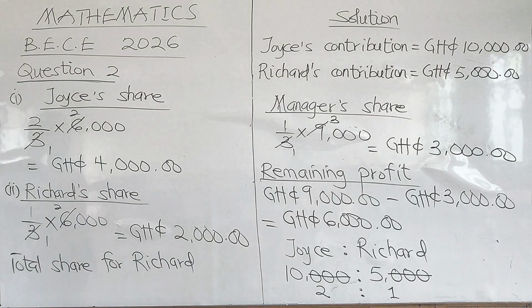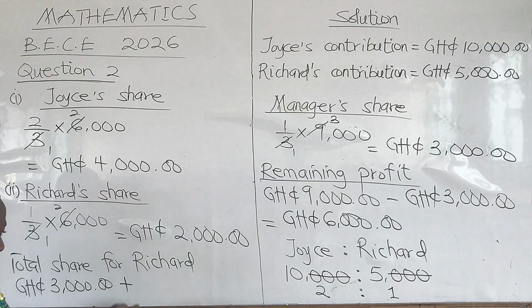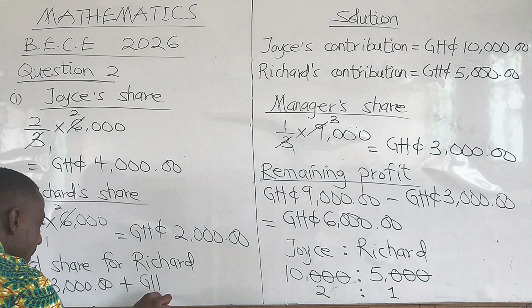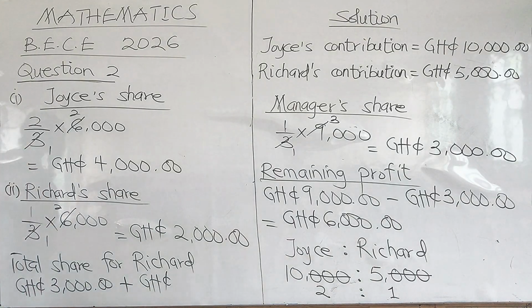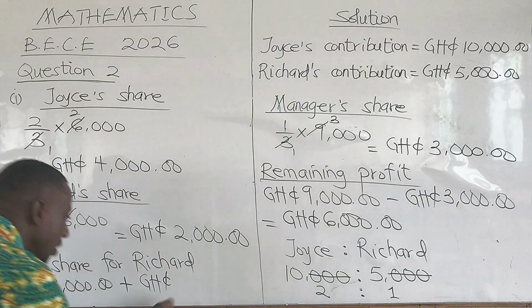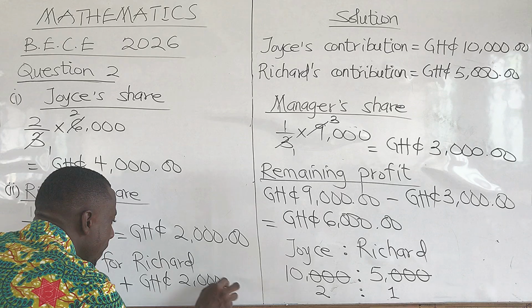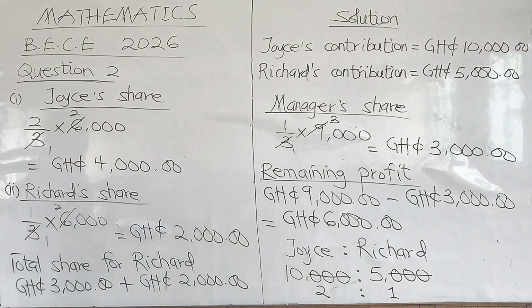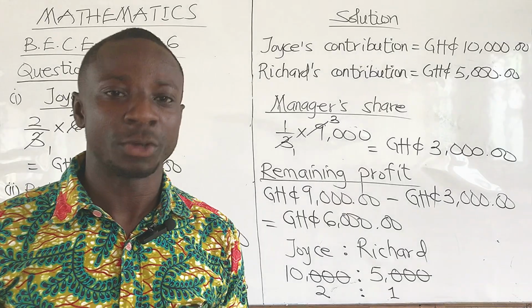So now the total share for Richard is going to be an amount of 3,000 Ghana cedis being the manager's share plus the 2,000 Ghana cedis being his share from his contribution.